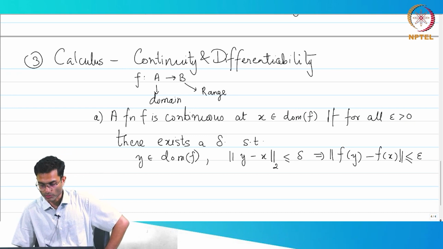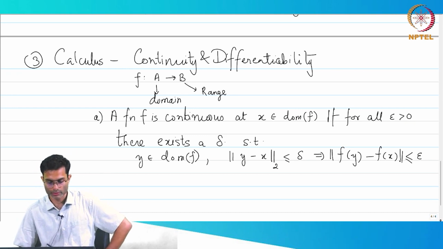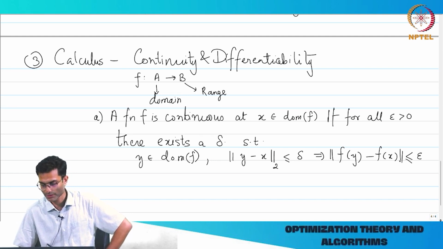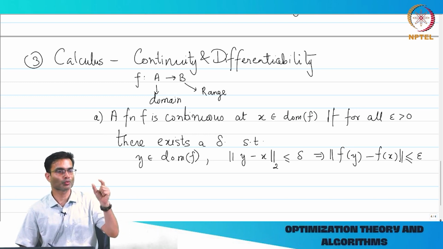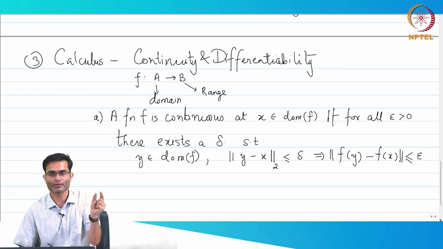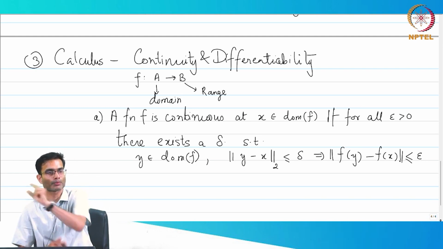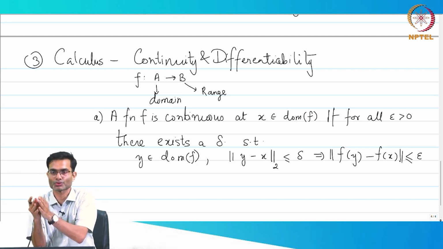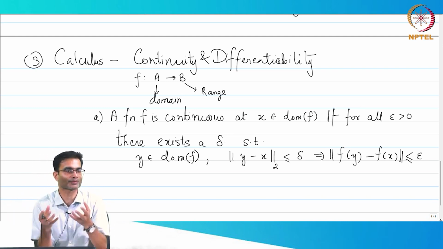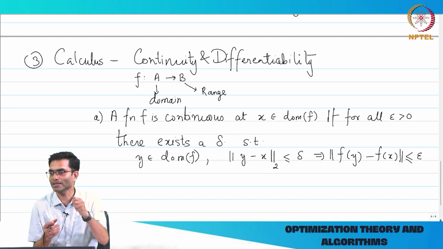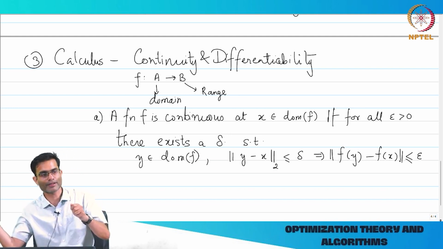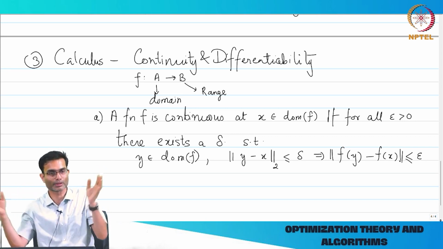So this sounds like a complicated looking expression, but it's quite straightforward. It says that if you can find 2 points that are close by, then the function values that they map to also are close to each other. So that's our intuitive sense of continuity, right? If I change x a little bit, the change in the f value is not exploding, it's bounded.